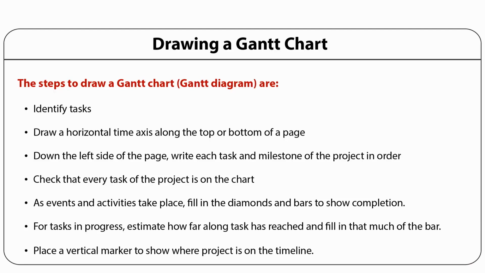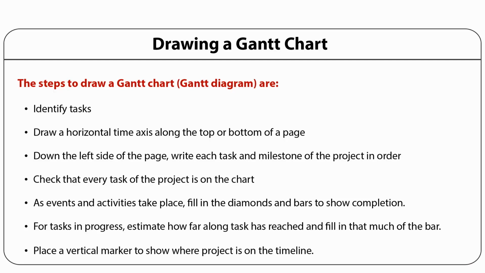Besides drawing manually, there are many other ways to create Gantt charts. For example, Microsoft Project, a task planning program, makes it easy to track and chart project timelines with a built-in Gantt chart view. Another option is to use Excel. Excel does not contain a built-in Gantt chart format.